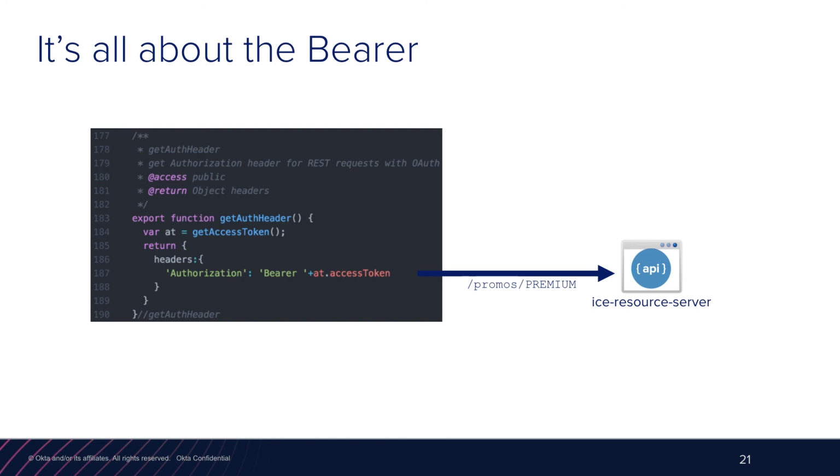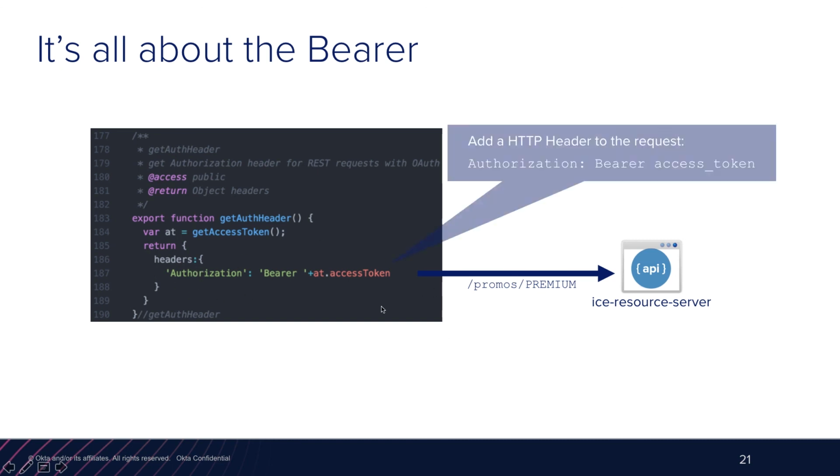And I put this slide just to show you how the authorization is passed from the Promos UI to the Promos API. Remember when I showed you that authorization, bearer, space, and a bunch of characters, which was the access token? The Promos UI has this extra function that implements the header authorization with that information.